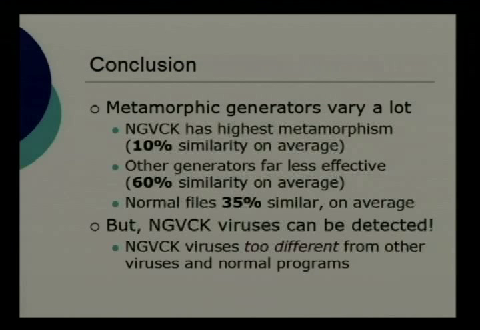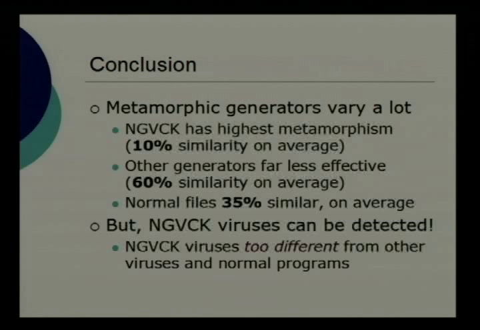So what does this tell us? First of all, from the comparison test, we know that metamorphic generators actually vary a lot. Even though we can find a lot on the internet, they may not all be effective in terms of generating metamorphic code. NVIC seems to be the most effective because the viruses they generate are only 10% similar. Other generators are less effective.